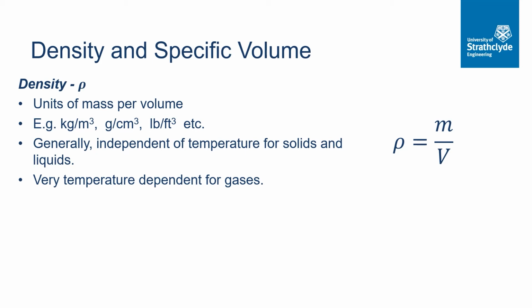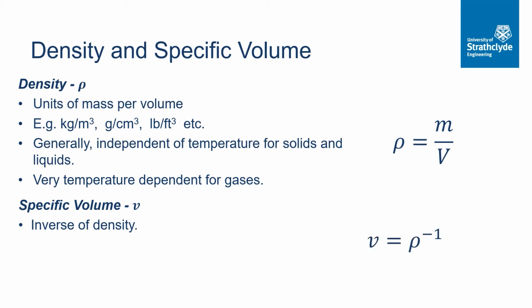There is also another way to express the density, and that is in the form of specific volume, which is in fact the inverse of density, and therefore can be described as one over rho, or our volume per unit mass.